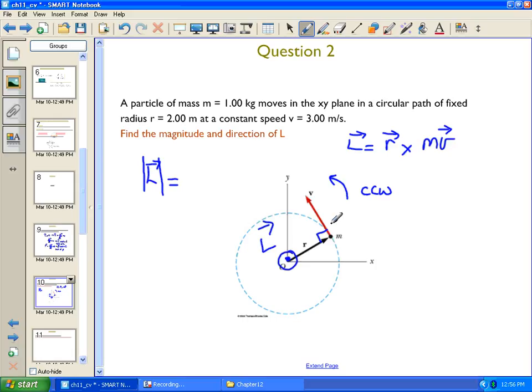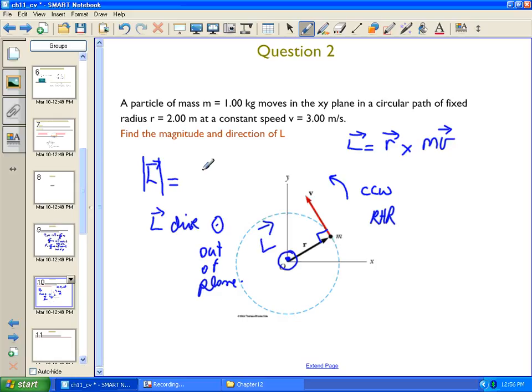In other words, as you sweep your right hand by the right-hand rule, the forefingers sweep in the direction of the rotation, and the thumb points in the direction of the vector, which in this case is the angular momentum vector. So the direction of L is out of the plane, out of paper or out of plane.